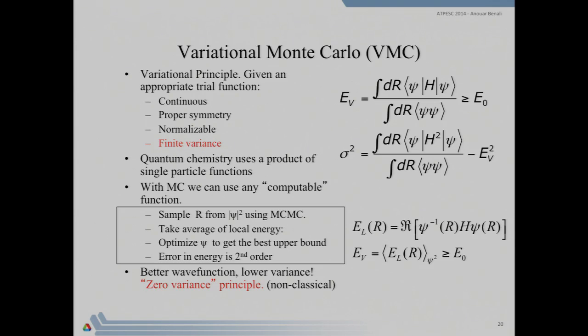But for Monte Carlo, we can use a computable function, either a sample of the density of our wave function using a Markov chain Monte Carlo. We can take the average of the local energy, and we can optimize the starting wave function until we get the best upper bound that we need. And usually the error that comes with it is second order.